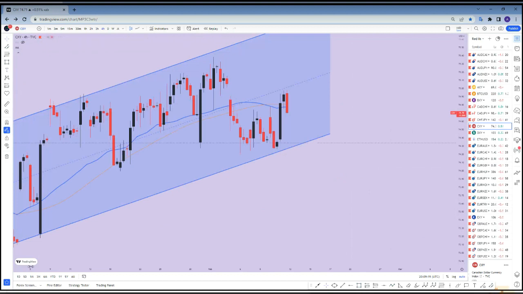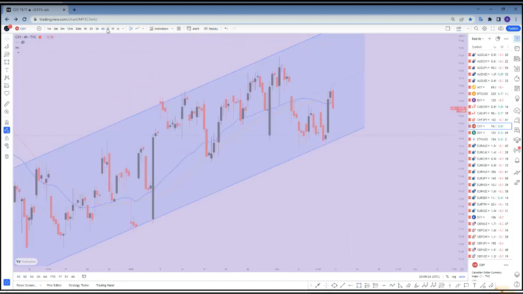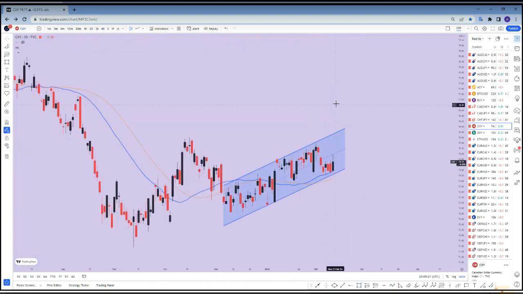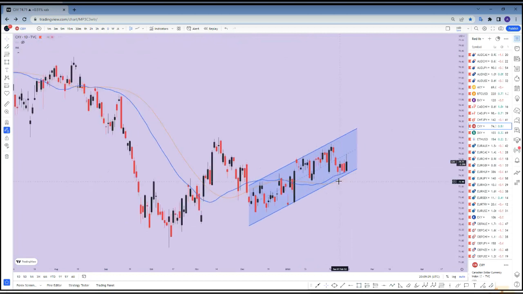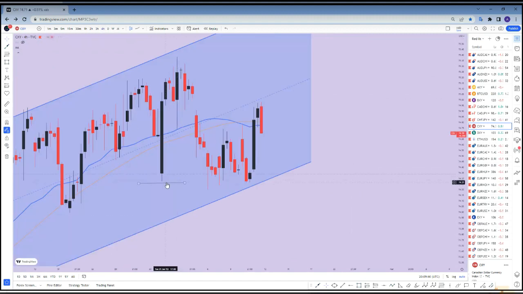What I'm seeing here is that price seems to be interested in going lower. I went to the 4 hours time frame to confirm this breakout, and we can see that it was actually a breakout.